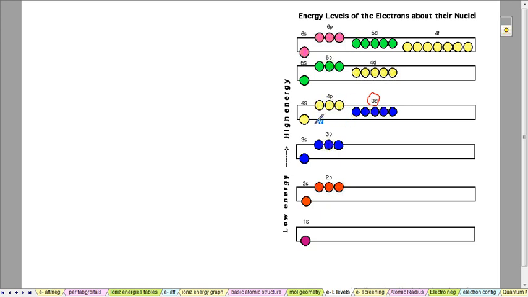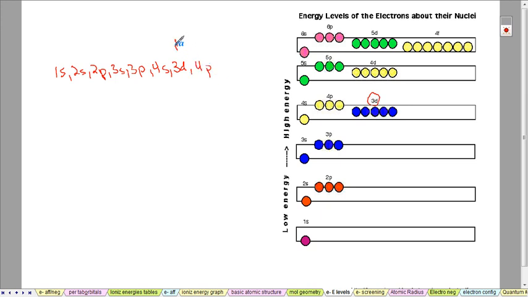And so when we set up our order, it's always 1s, then 2s, then 2p, then 3s, then 3p, then 4s, then 3d, then our 4p's.